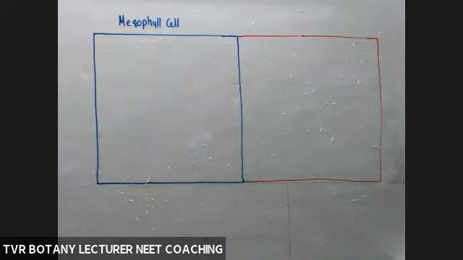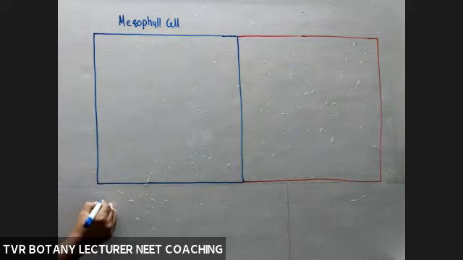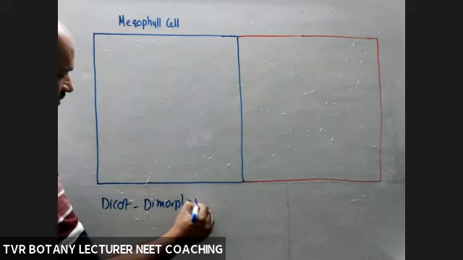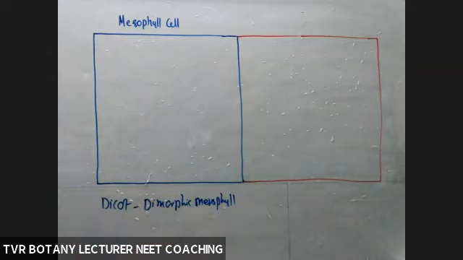So in C4 plants, mesophyll is either dimorphic or monomorphic. If it is a dicot plant, dimorphic mesophyll. What is that dimorphic mesophyll? Palisade parenchyma and spongy parenchyma.